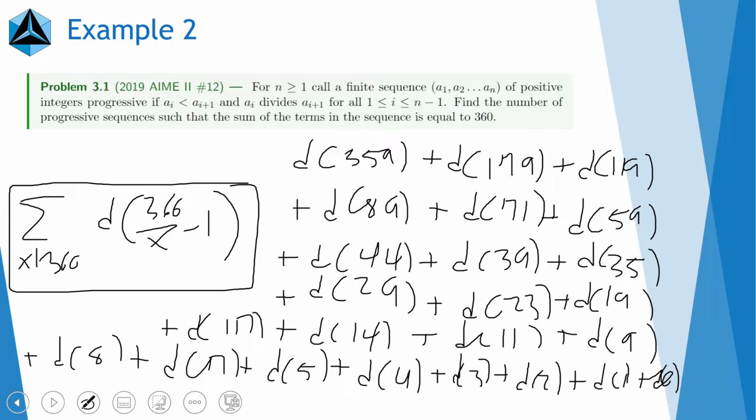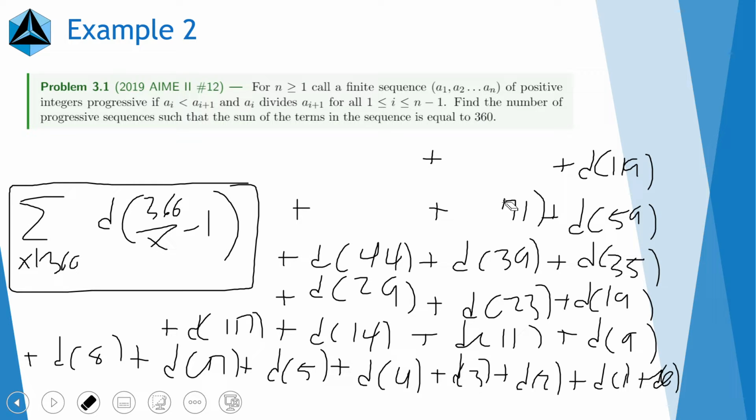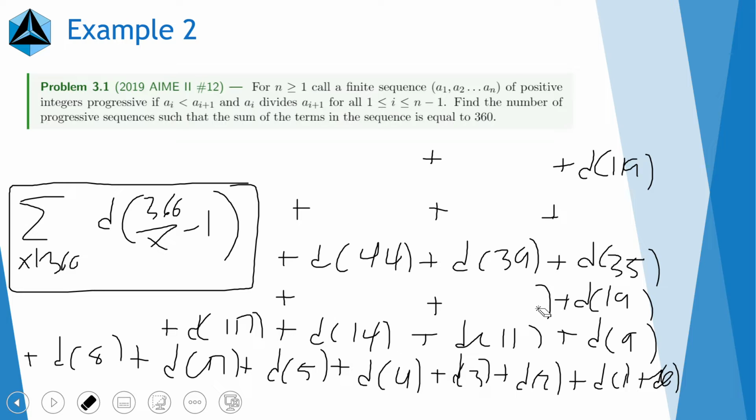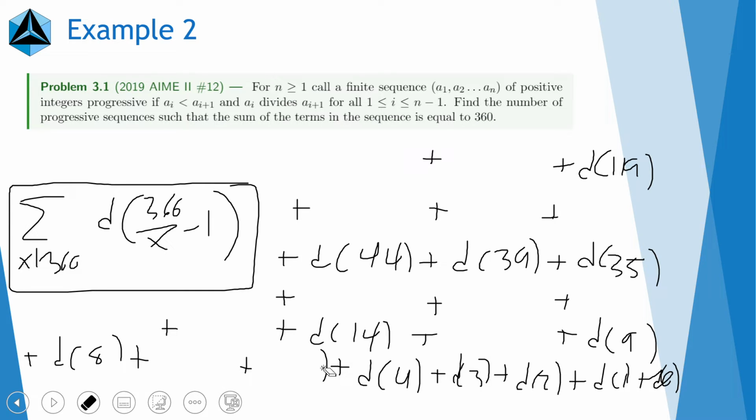So if we consider that, then we can do a lot of simplification. We can kill d of 359, which turns into 1. That's prime, prime, prime, prime, prime, prime, prime, prime, prime.